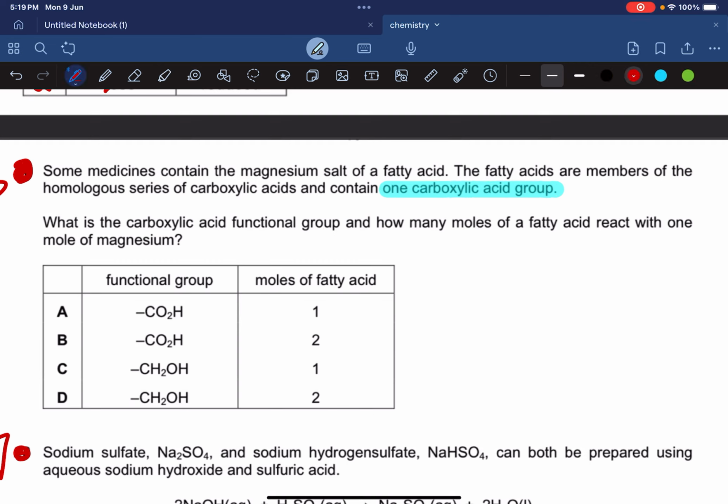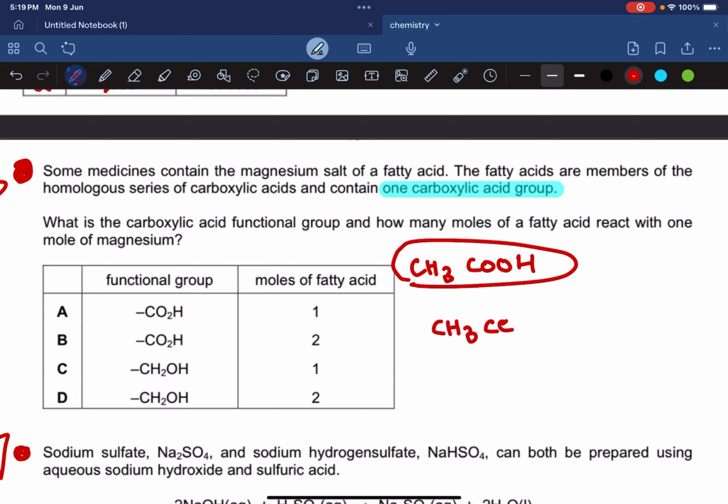It tells us that, for example, if I take ethanoic acid, CH3COOH, this is my ethanoic acid. If I react my ethanoic acid with magnesium to form magnesium ethanoate, you know that the formula of magnesium ethanoate is going to be (CH3COO)2Mg. We're going to use 2 ethanoates with 1 magnesium.